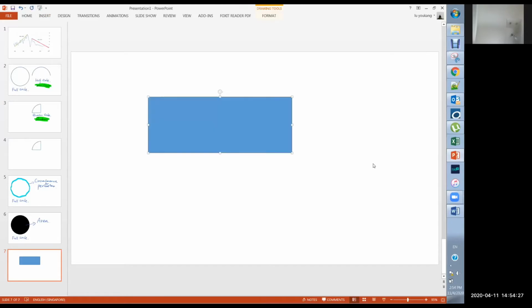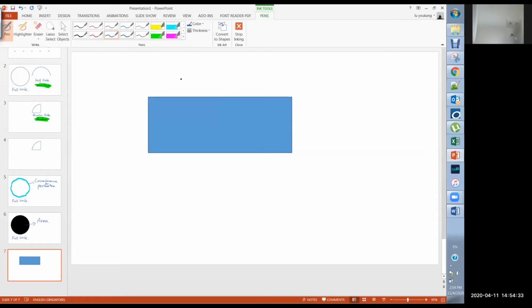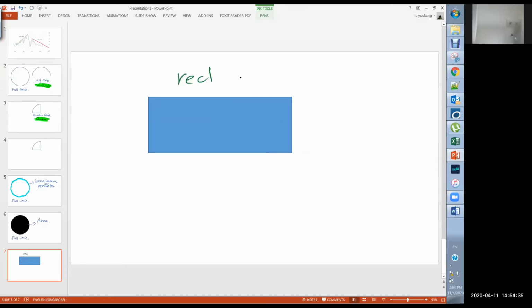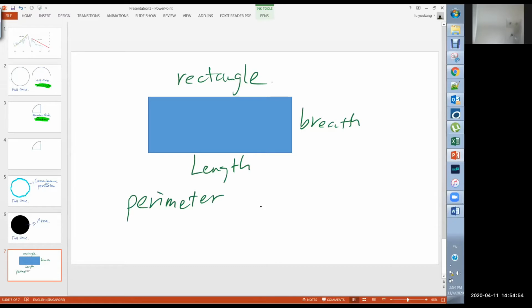This is a rectangle, right? A rectangle is defined by the length and the breadth. For a rectangle, you also learn about the perimeter and the area, right?